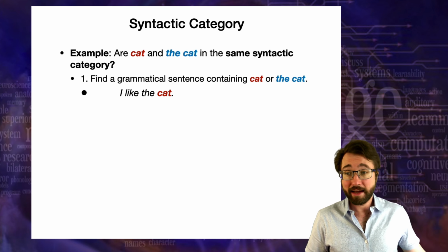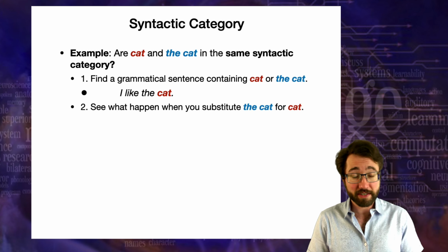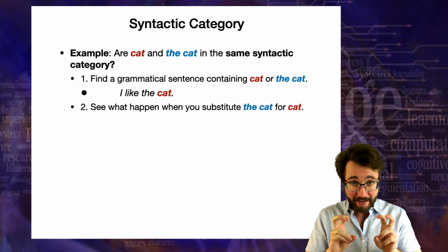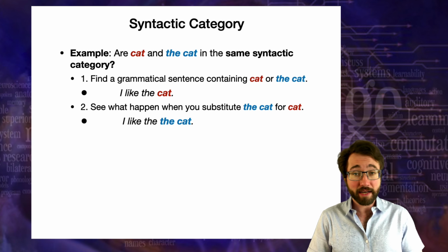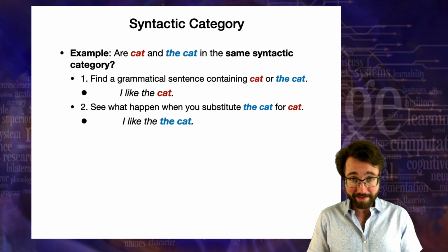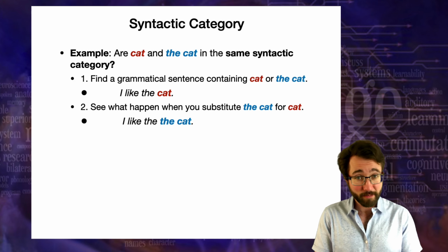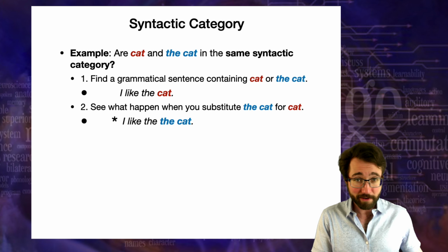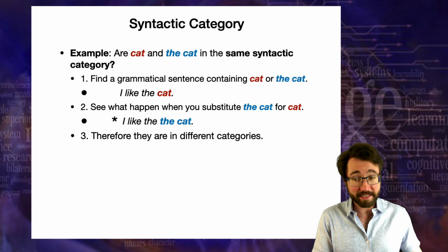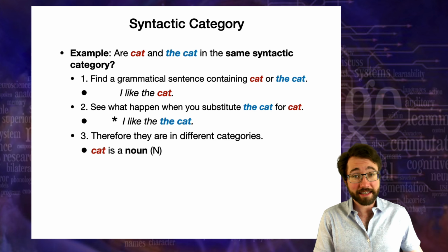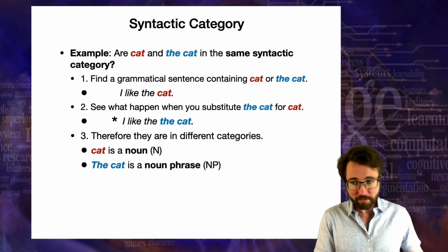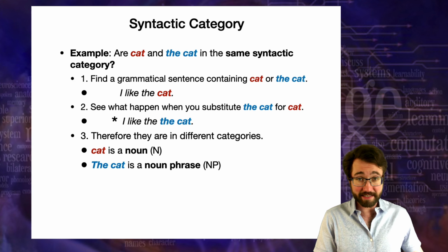Okay? Now, we'll see what happens when we substitute the cat for cat in this sentence. We get, I like the the cat. Okay, is this grammatical English? I like the the cat? No, not grammatical, so it gets the star. So these are in different syntactic categories. In fact, cat is what we call a noun, and the cat is what we call a noun phrase, NP. Those are two different syntactic categories.